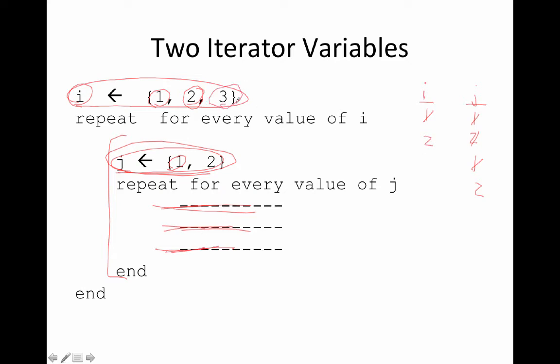Then i gets the 3rd value, 3, and again we're going to execute this entire action of the outer loop, which includes executing the action of the inner loop twice, where j gets the value 1 and we execute the action, and then j gets the value 2 and we execute the action. So finally, i has gone through all of its values 1, 2, 3, and so we're done with the nested loop, and we come down to whatever is after the nested loop in the code.